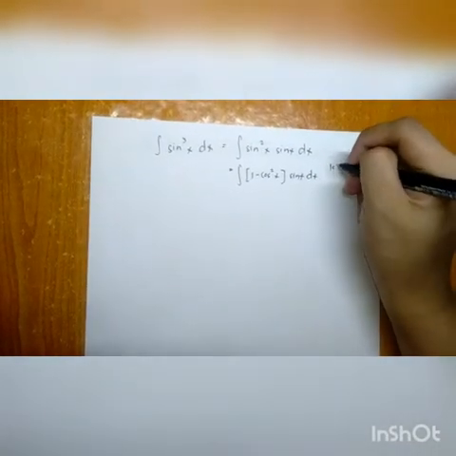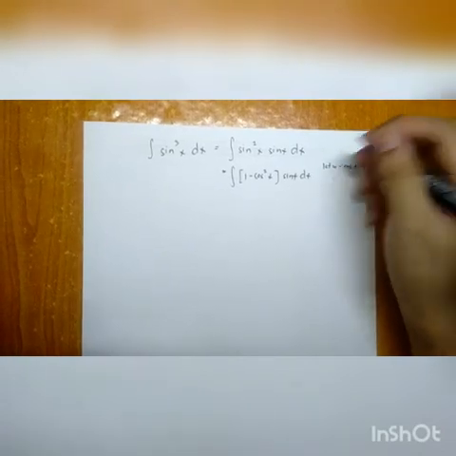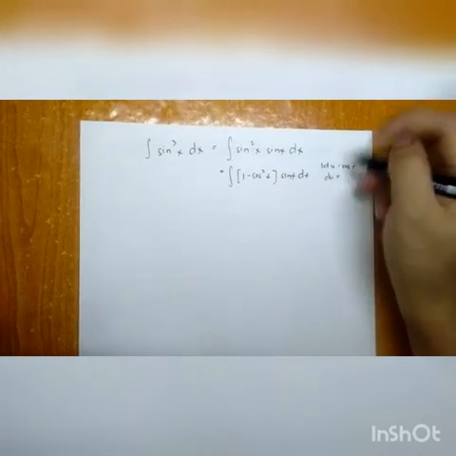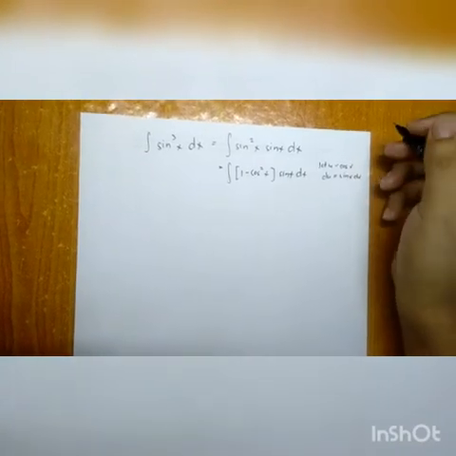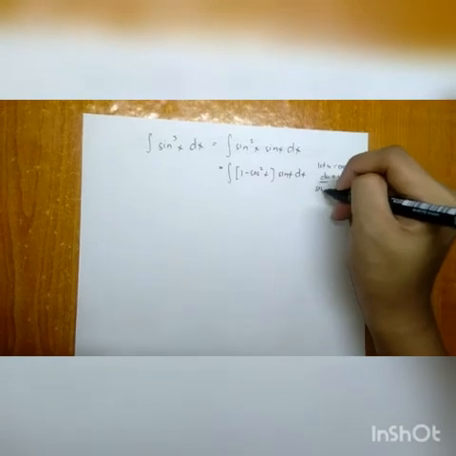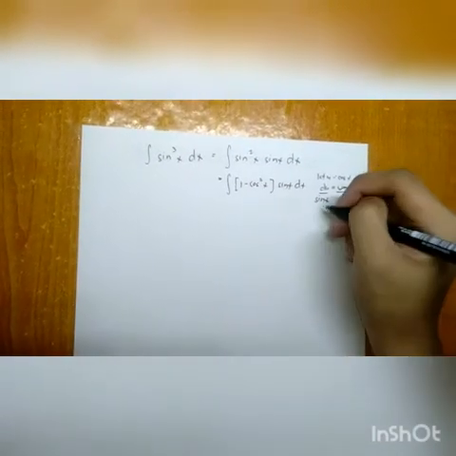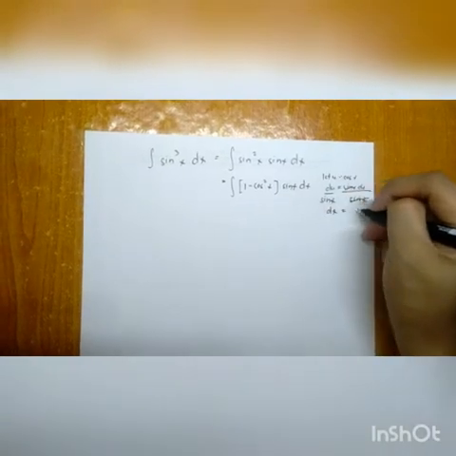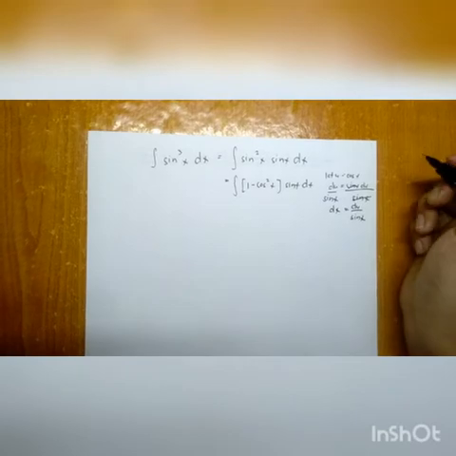We will let u be equal to cosine x and du equal to negative sine x dx. To find dx, we will divide both sides by sine x. Sine x will be cancelled. dx is equal to du over sine x.